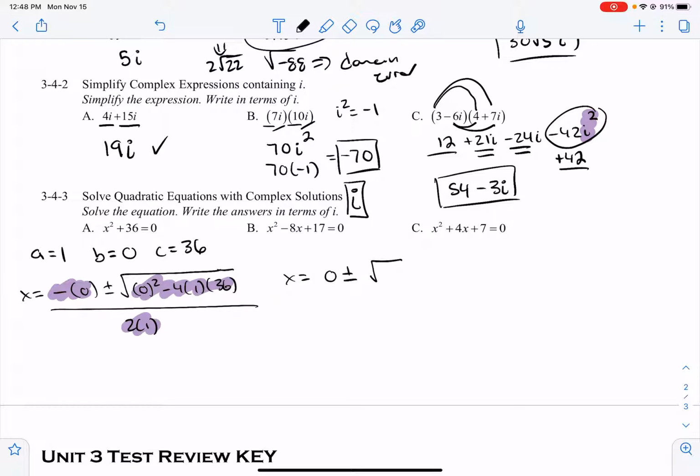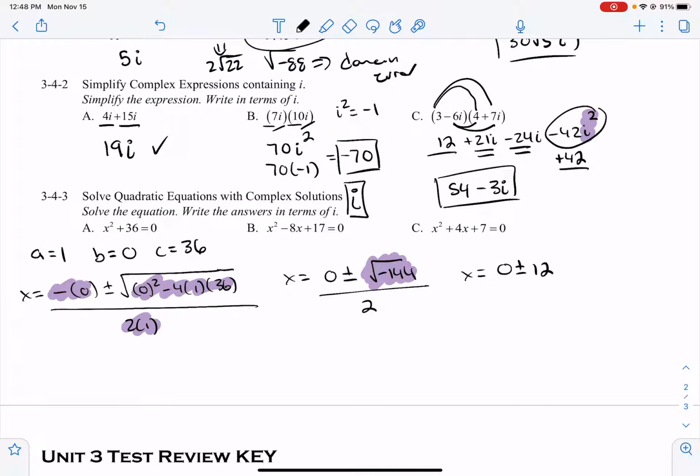Let's see, negative 4 times 1 times 36 is going to be negative 144, all divided by 2. So now I want to plug this in my calculator, but I don't want to leave the negative. I want to plug it in with a positive 144, and it's going to give me back 12.